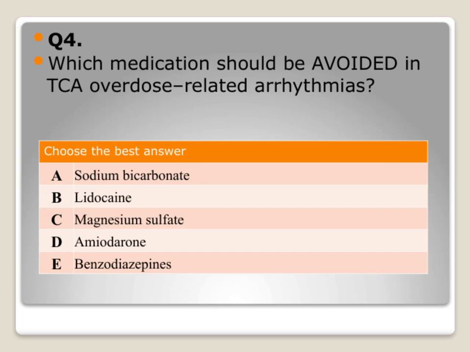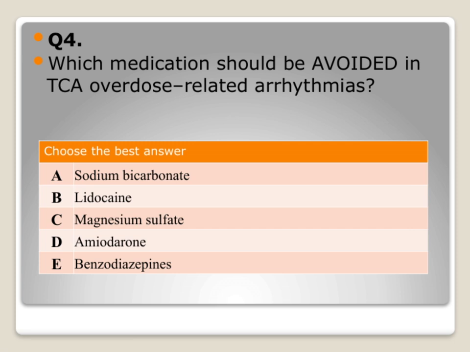All right, let's take a closer look at this question. It asks us to identify which medication should be avoided in TCA overdose-related arrhythmias. As we know, tricyclic antidepressant overdoses can cause serious cardiac issues, including arrhythmias. So the options are sodium bicarbonate, lidocaine, magnesium sulfate, amiodarone, and benzodiazepines.